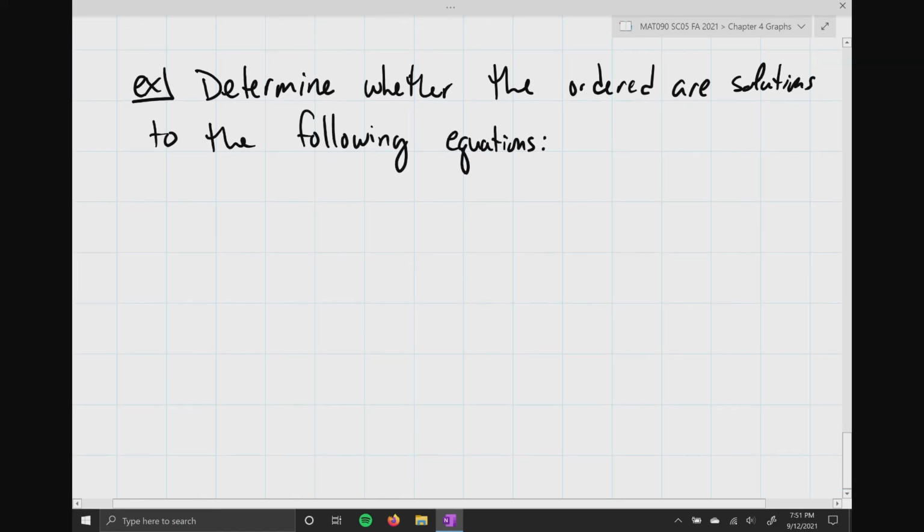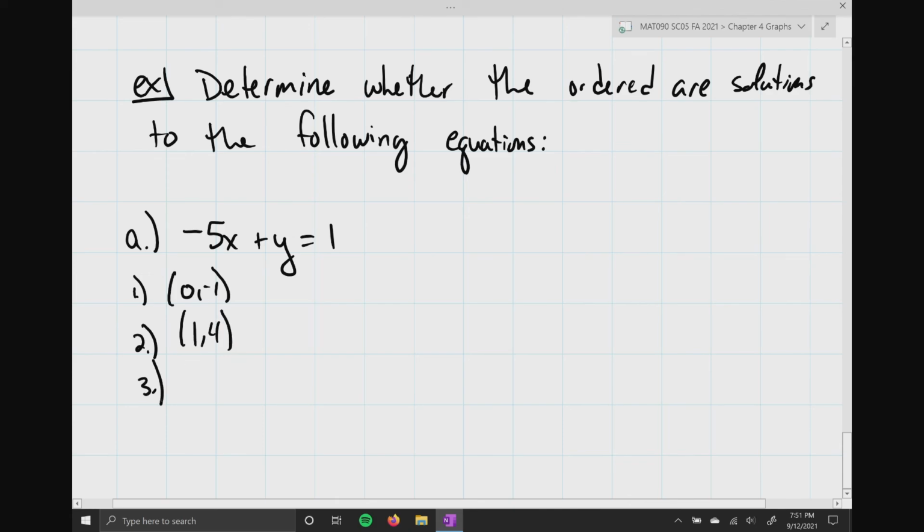All right, so here's our first one. Negative 5x plus y equals negative 1. And the ordered pairs that I want you to examine are (0, negative 1), (1, 4), and (negative 2, negative 7).